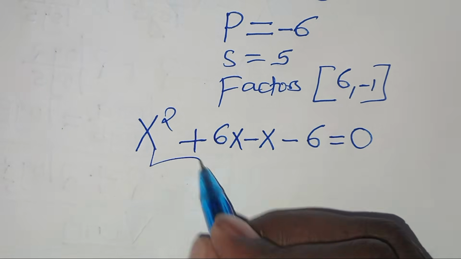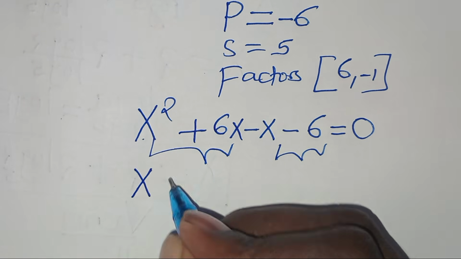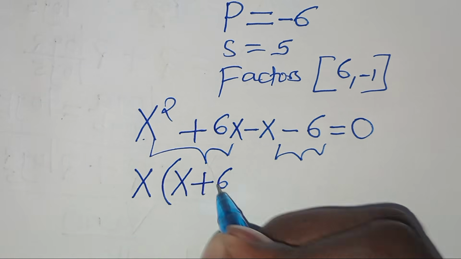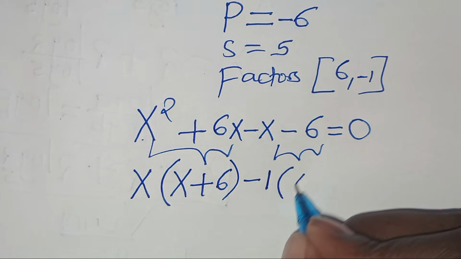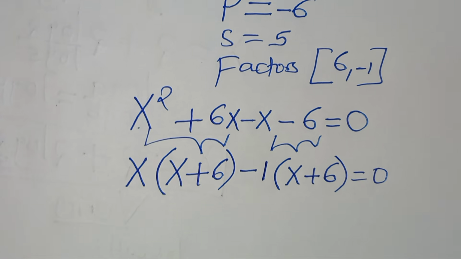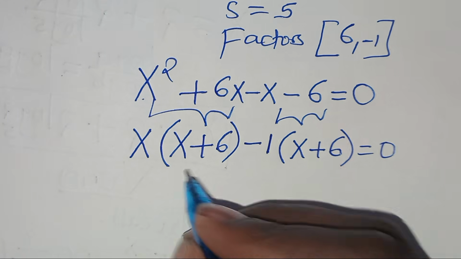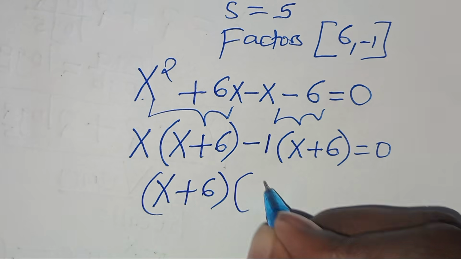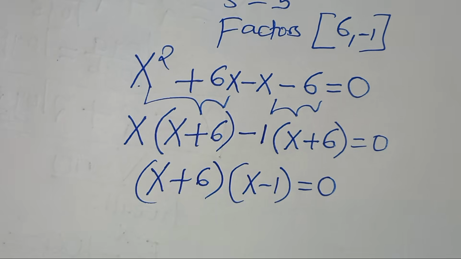So again, we have got two parts here. From the first part, x is common, so we factor out x, and this means we have x plus 6. From the second part, minus 1 is common, we factor out minus 1, so we have x plus 6, and this is equal to 0. So x plus 6 is common here, so we have x plus 6 times x minus 1, equal to 0.